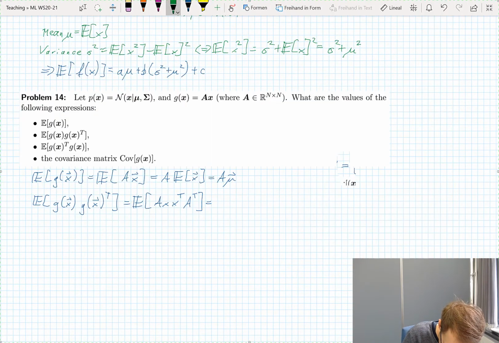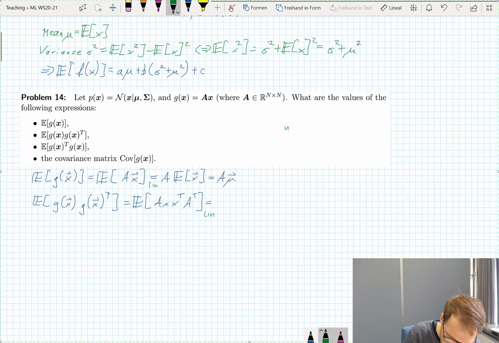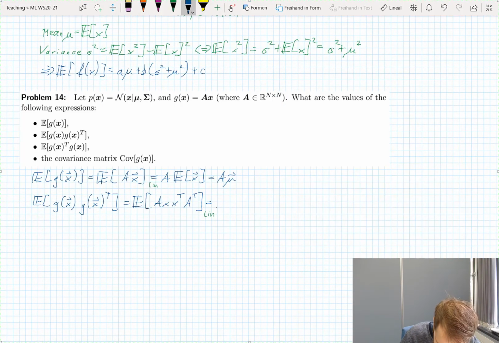Let's write lin, where we use the linearity. So that's A times the expectation of x x transposed, times A transposed.